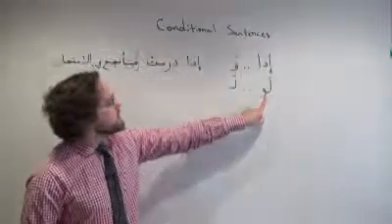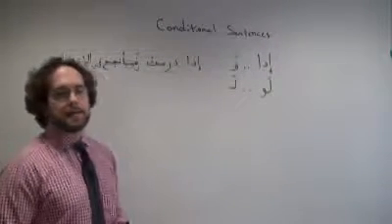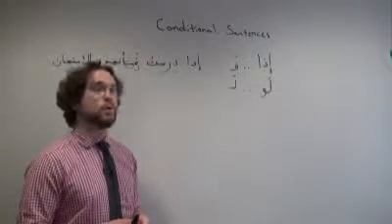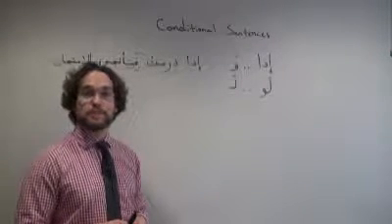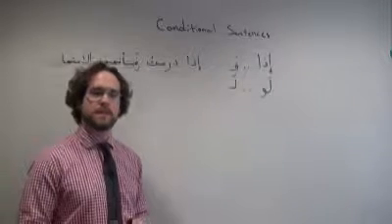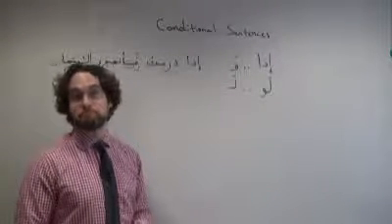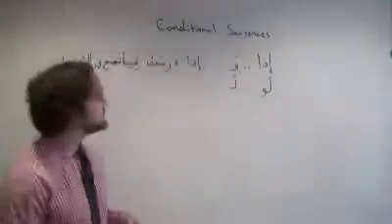Let's take another example. لو, la, for that impossibility. Suppose you don't speak Spanish, right? And you encounter a Spanish speaker who doesn't speak any language you speak, and we want to say to you, if you spoke Spanish, you would understand him, right?